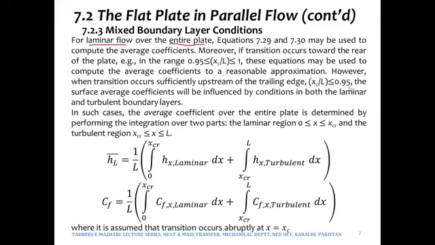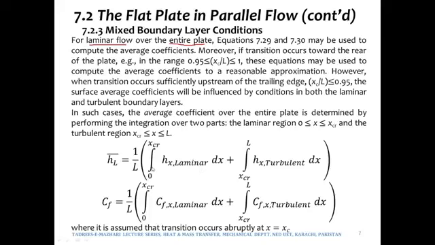There would be laminar flow over there as well, and turbulent flow over there as well. So in such cases, the average coefficient over the entire plate, for example h L bar, is determined by performing integration over two parts, 0 to x critical and then from x critical to L.